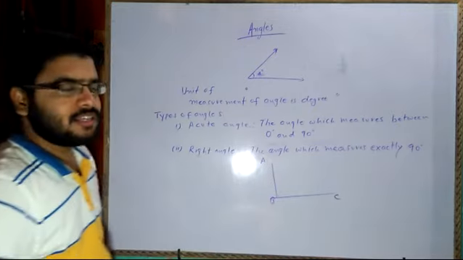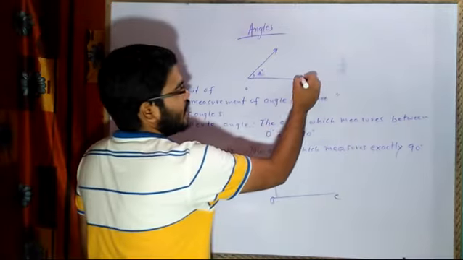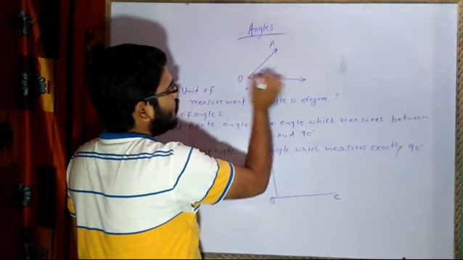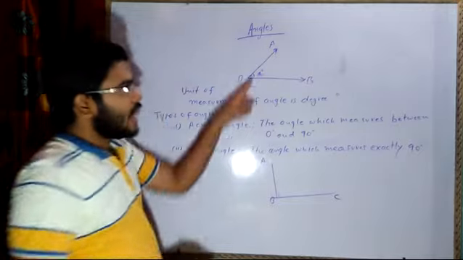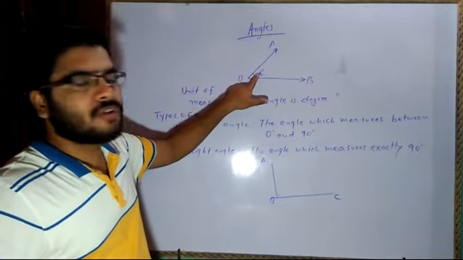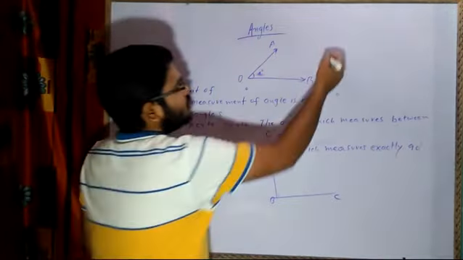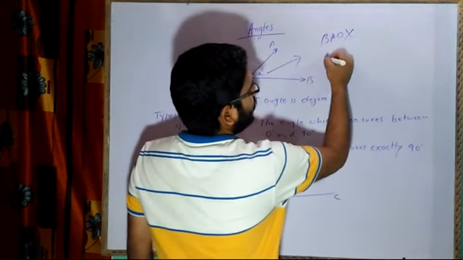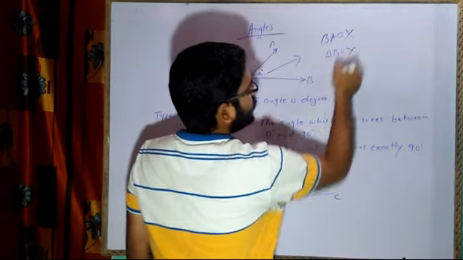Here every angle is to be measured and every angle has a certain name. Like if I have A, O, B, then the angle which is to be measured is always kept in the middle. I cannot write BAO, this will be wrong in this case. If I write ABO, then also it will be wrong.